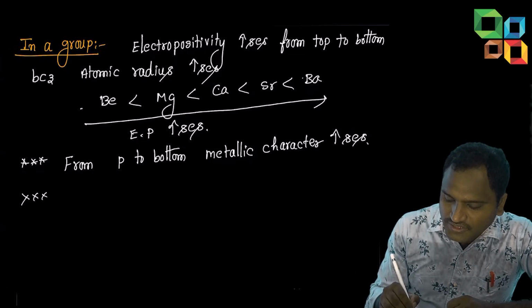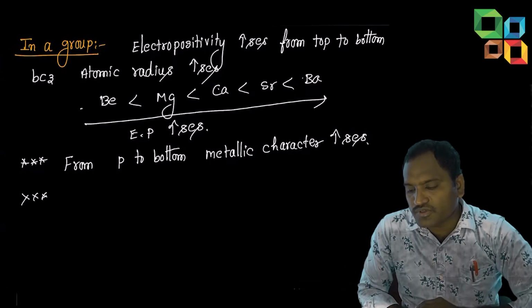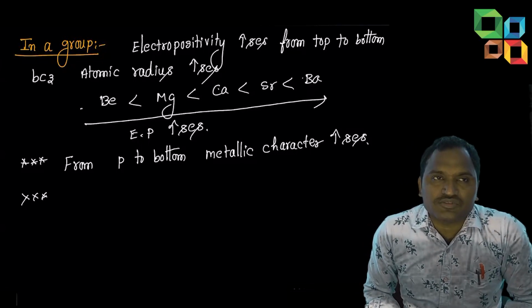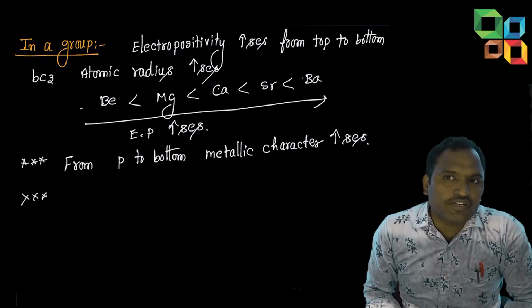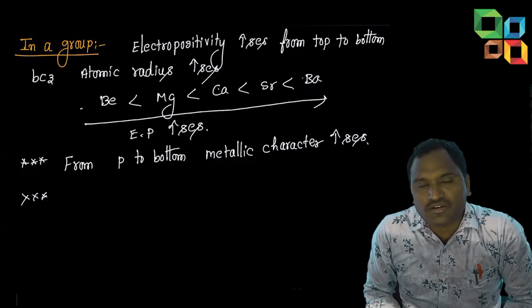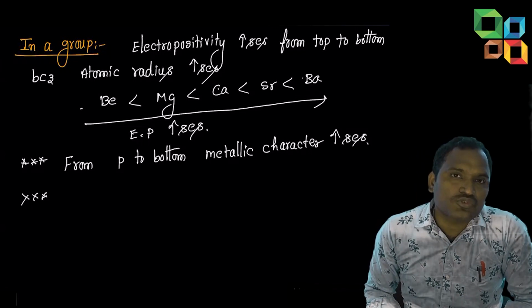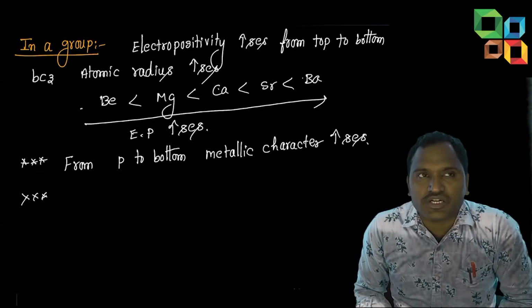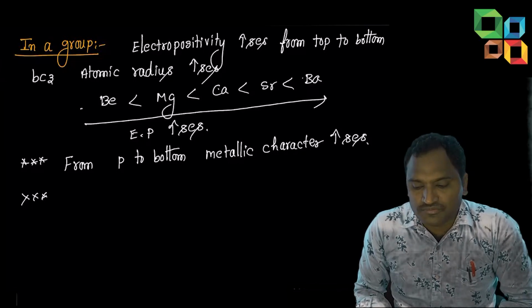Here I am going to introduce one more point, students. Metallic oxides are basic in nature because on dissolution they form respective bases. Sodium oxide, if you dissolve it in water, produces sodium hydroxide. Calcium oxide, if you dissolve it in water, gives calcium hydroxide. Those are all bases only.